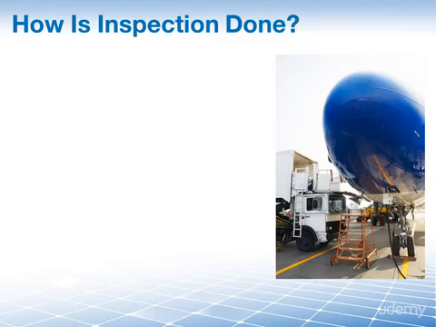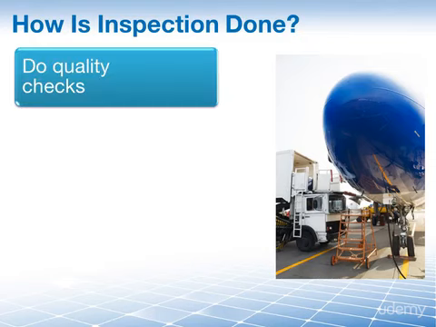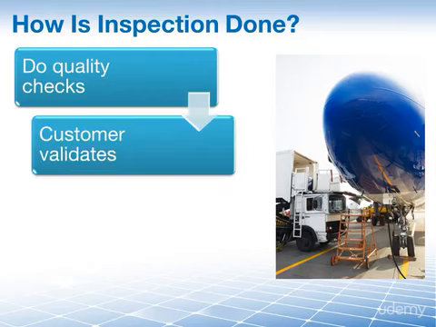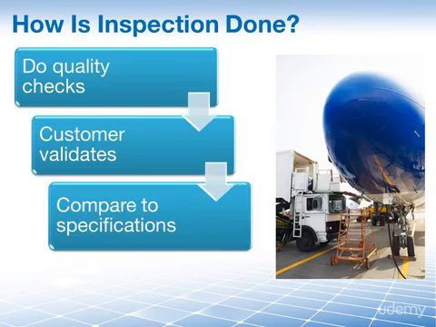So, after the airplane had gone through the quality checks and test flights, it was opened up to the customer for validation. The customer's team arrived with a long checklist, and they walked through the complete aircraft and compared each item to the checklist and their original specifications.